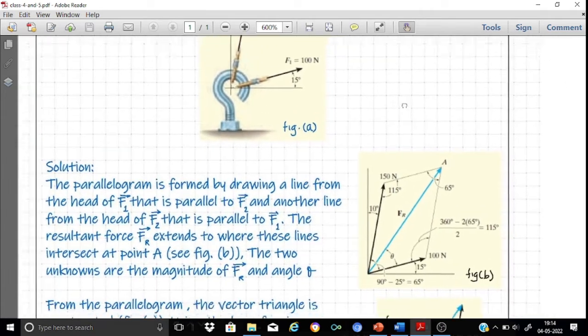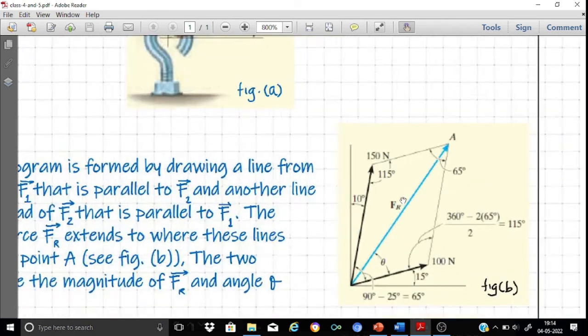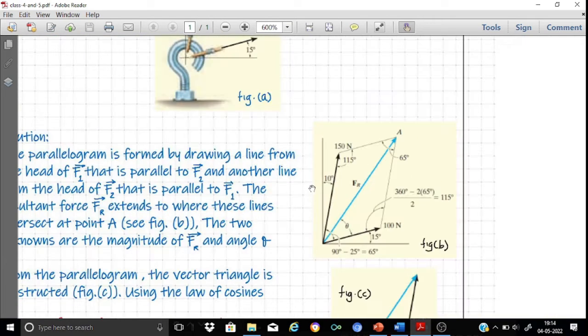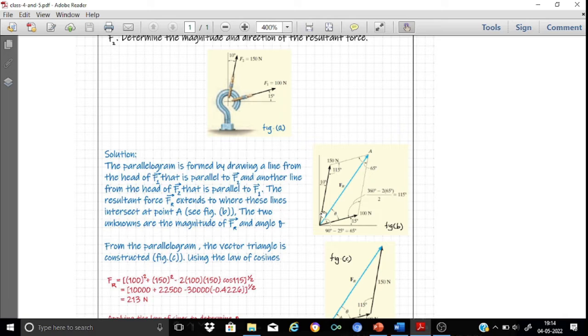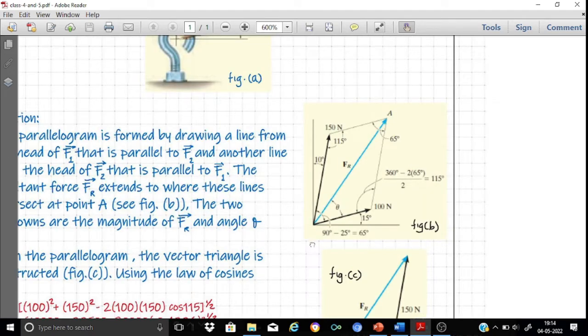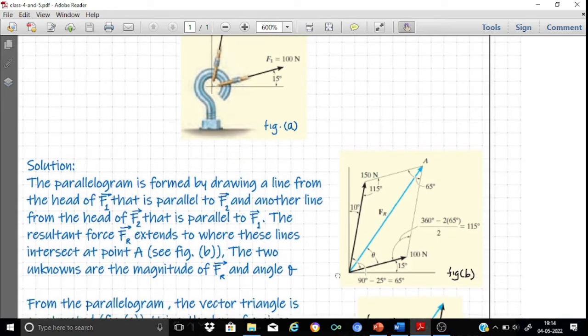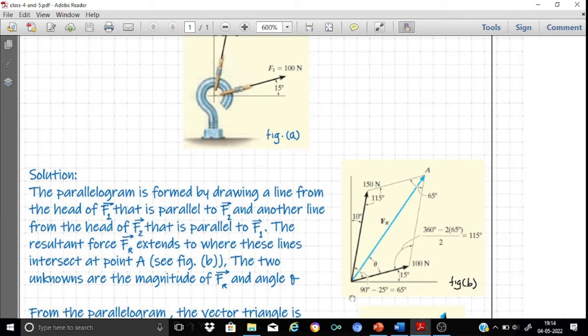As you can see, the parallelogram that is constructed is shown here. In the parallelogram, what is first to be drawn is the adjacent sides. First of all, one side of the parallelogram is drawn such that it represents vector F1.